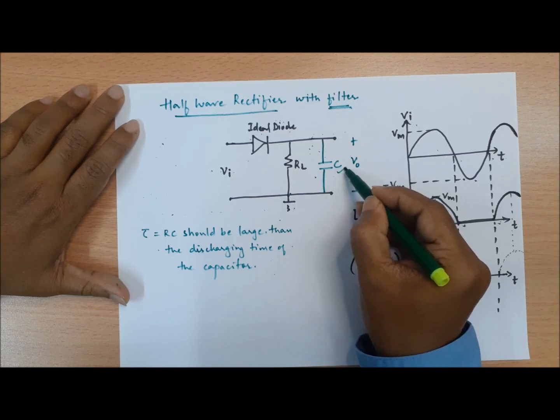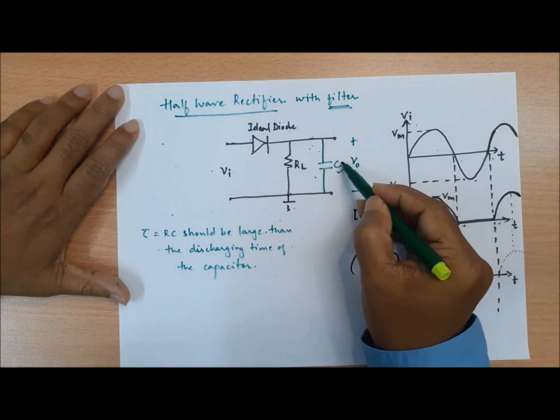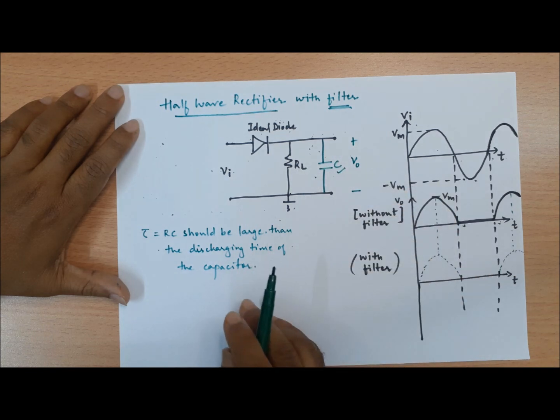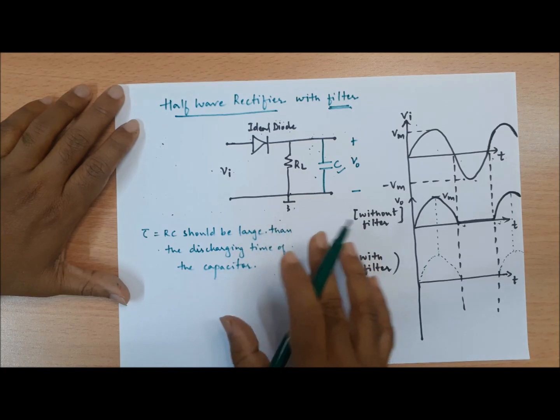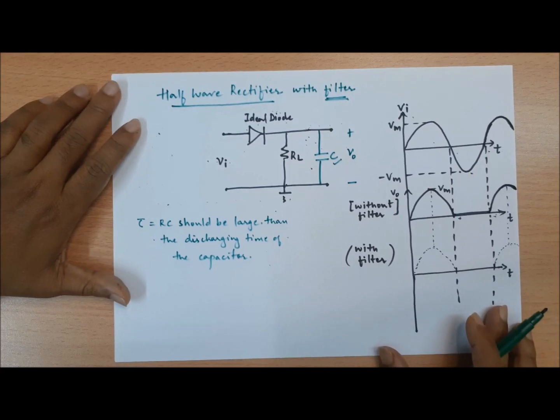It is nothing but a capacitor. If we use a capacitor in parallel with the load resistor, this circuit acts as a better half wave rectifier. What do we mean by a better half wave rectifier? It's nothing but that the ripple contents are reduced.